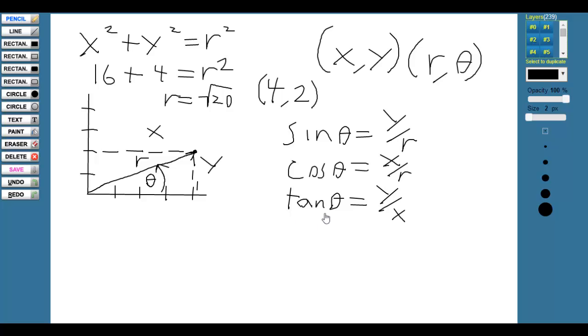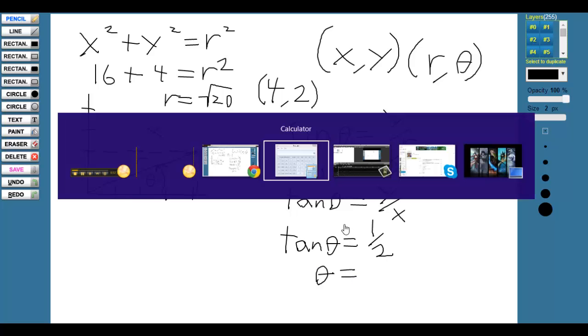So to find theta, you can use your tangent theta equals y over x equation, because your r is the square root of 20, and that's a little nasty to use. So we can just write tangent theta equals y over x, 2 over 4. We can simplify that to 1/2. And then theta would equal the inverse tangent of 1/2.